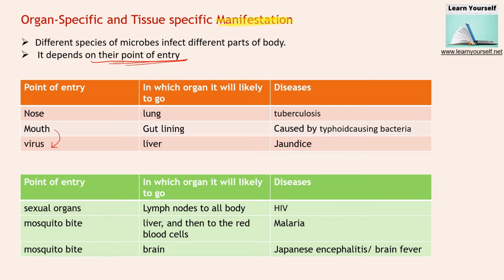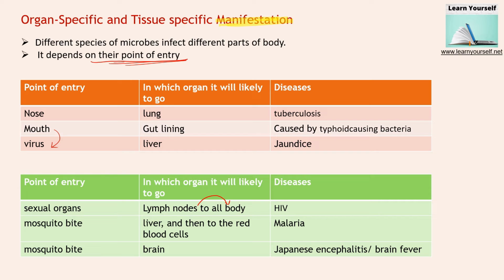Now when the point of entry is a sexual organ, they will go to lymph nodes and from there spread to the entire body, and this kind of virus will cause us HIV/AIDS. Through a mosquito bite, it directly mixes with the blood, goes to the liver and then affects red blood cells, and the disease they cause is malaria.